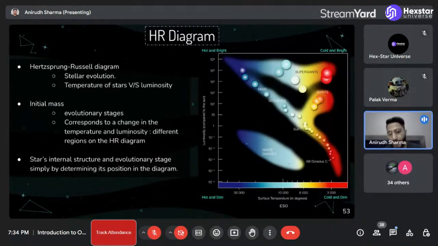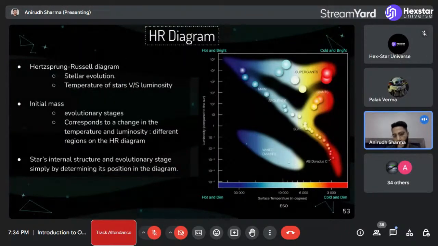But the thing is that the way this fuel burns is, the star tries to fuse hydrogen into helium, and after a while, when it turns hydrogen into helium, there is also hydrogen in its surroundings, right? So it starts to burn hydrogen in the surrounding region because the reaction in the core is not that sufficient.